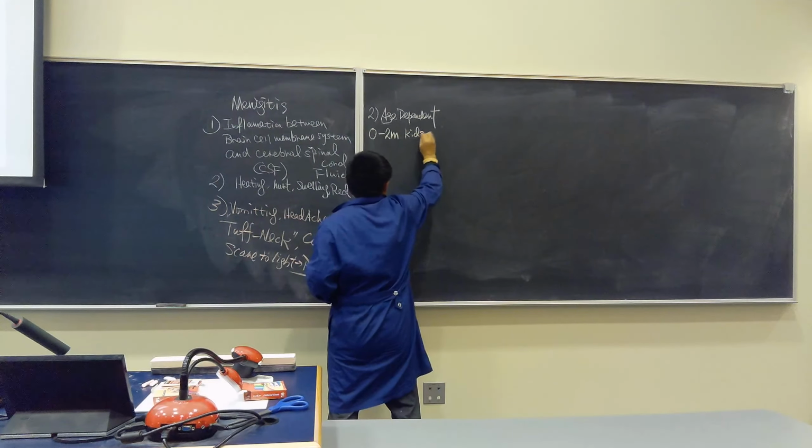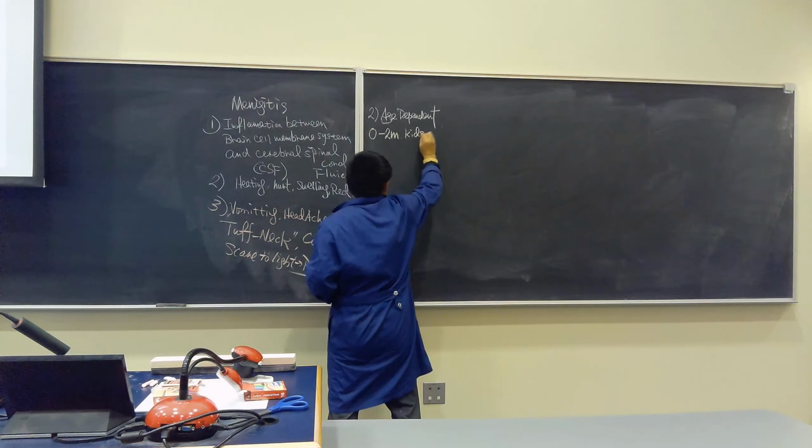We will mention later on about the Streptococcus agalactiae. A little bit older, young kids, 2 months to 5 years old, it is type B Haemophilus influenzae. We will mention this pathogen real quick.